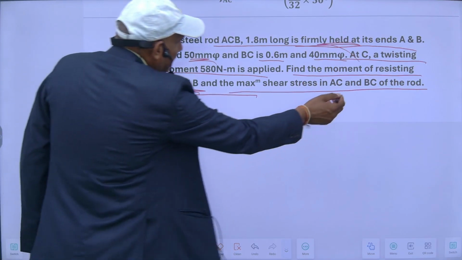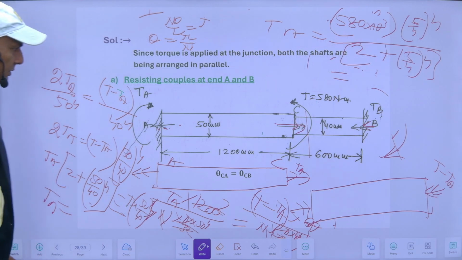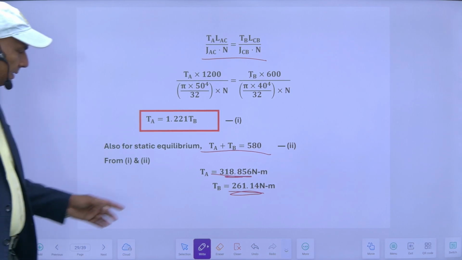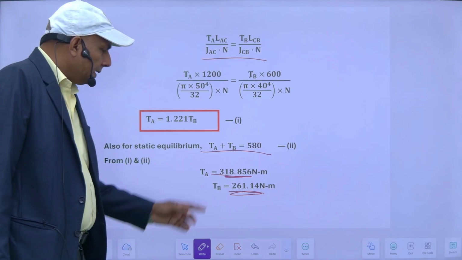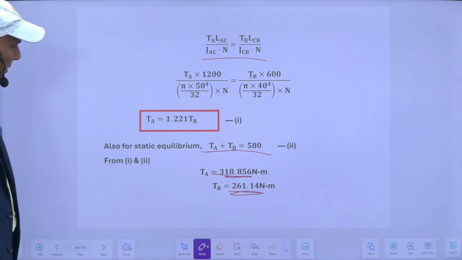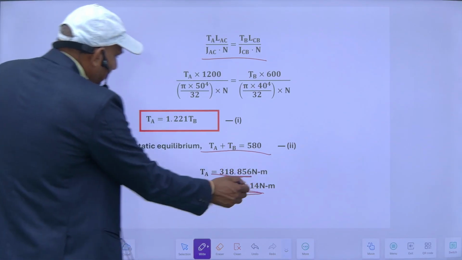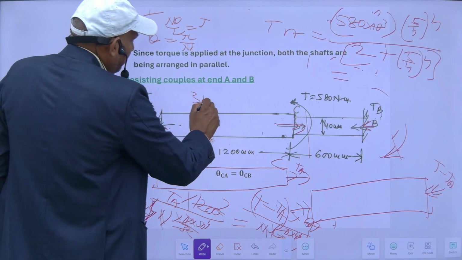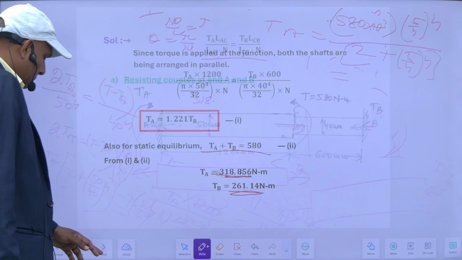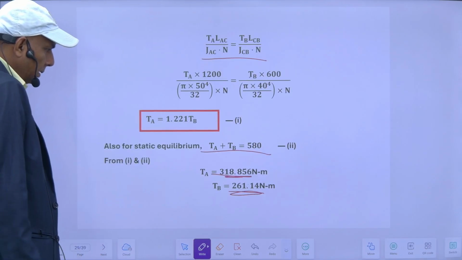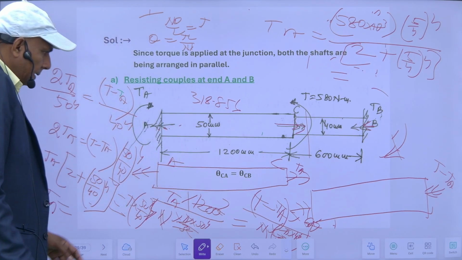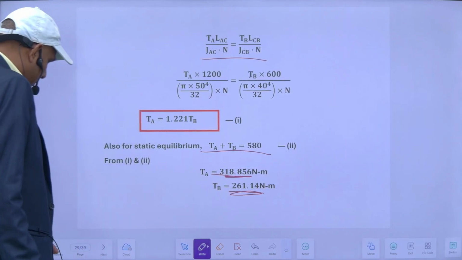Now maximum shear stress in both the portions. Maximum shear stress means, so TA is equal to 318.856, and T2 is equal to 261.14.